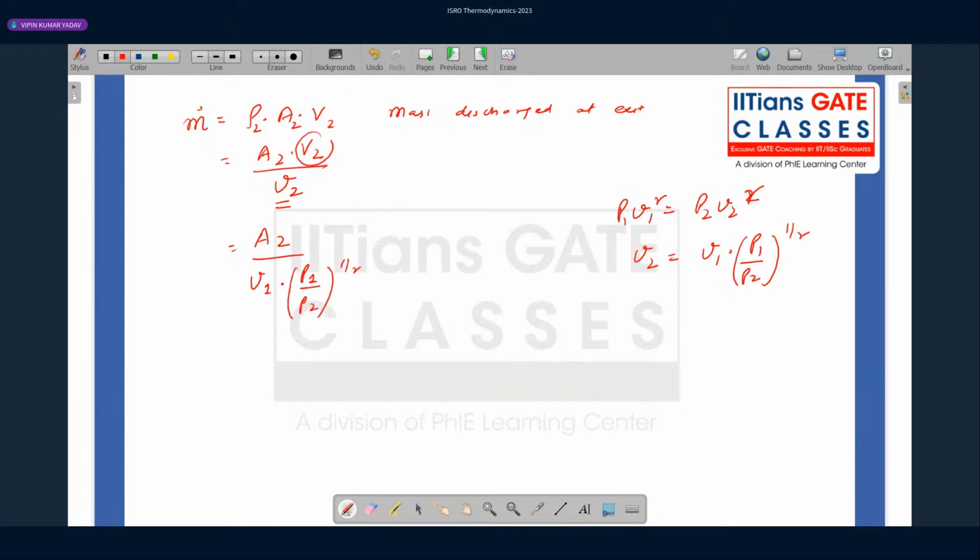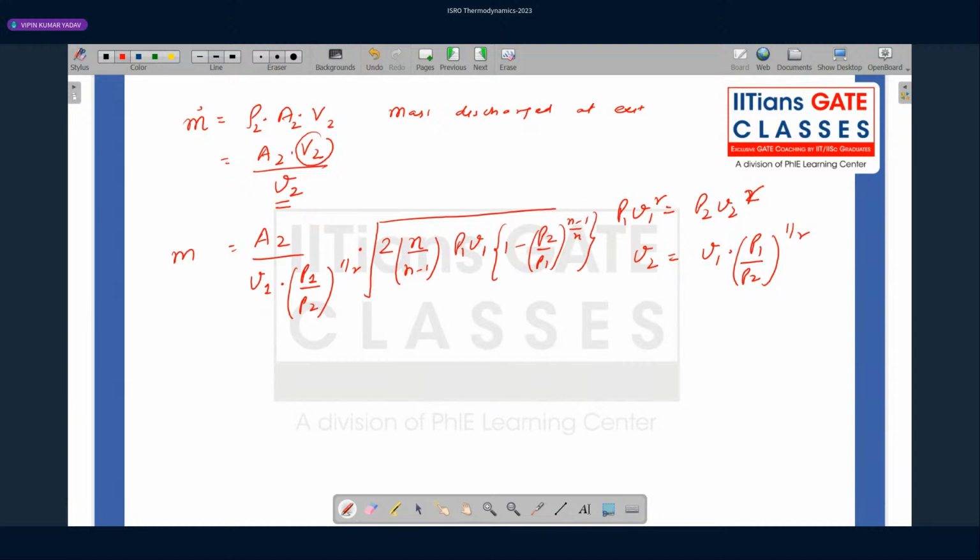Also velocity you have to define. V2 is given as under root 2n upon n minus 1 P1 V1 [1 minus (P2 by P1)^((n-1)/n)].